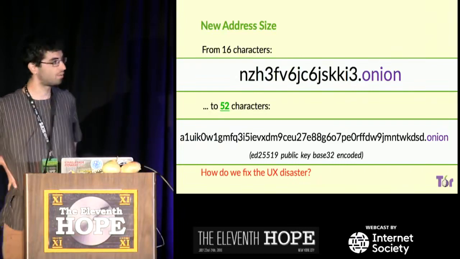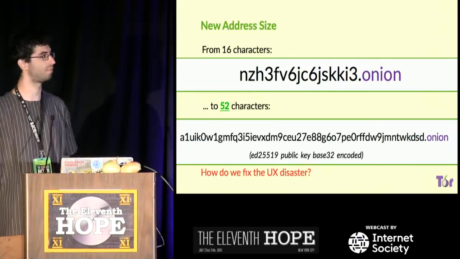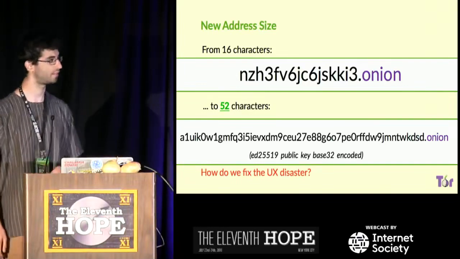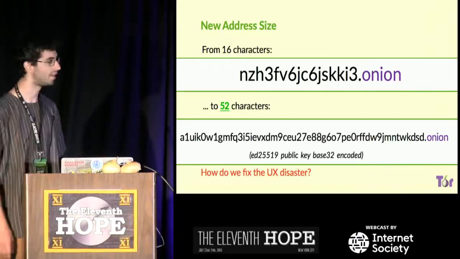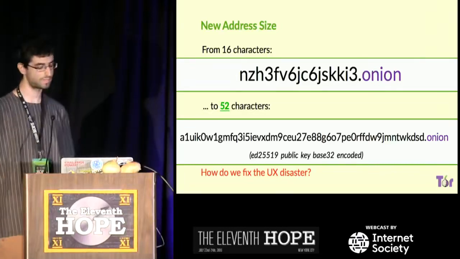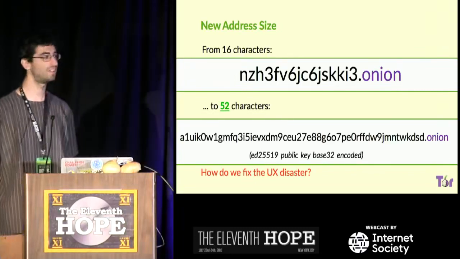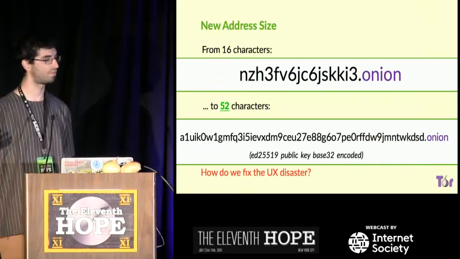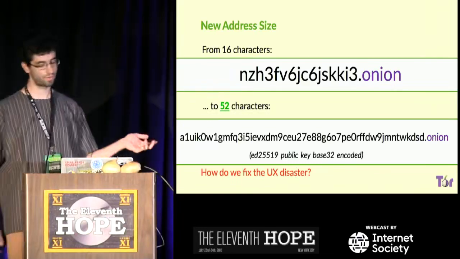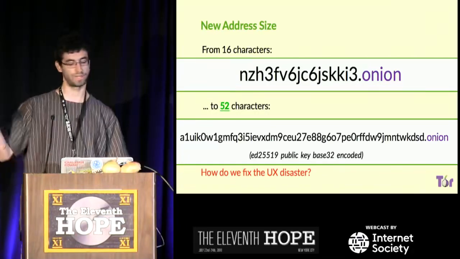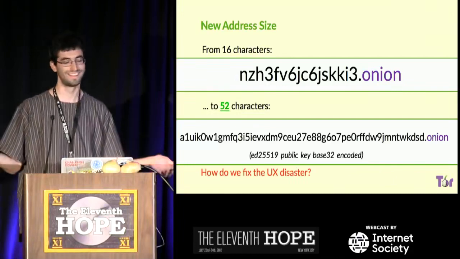The usability kind of breaks down because it's not like you can memorize 16 characters, but 52 characters starts to become quite lengthy. And we will need to address this UX disaster in some way, potentially by building some sort of pet name address book system in TBB, or we have some ways where we can bring 52 characters down to like 48, 46.